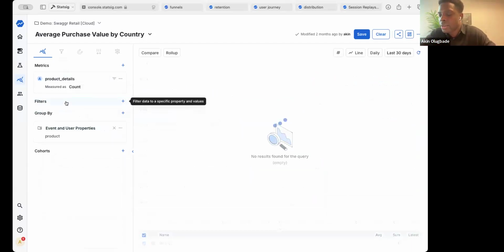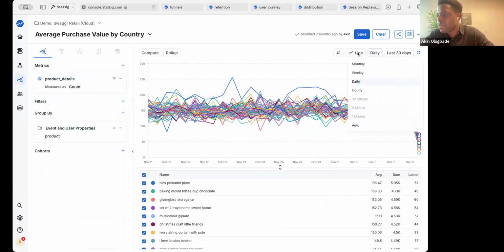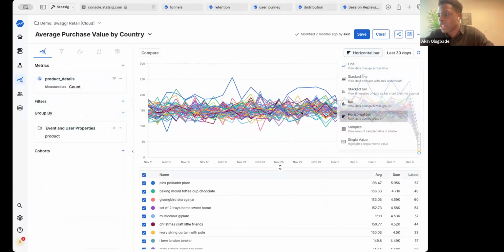Wrong event. Actually, maybe a better way to think about this is, let's find a better view for that. So horizontal bar charts.